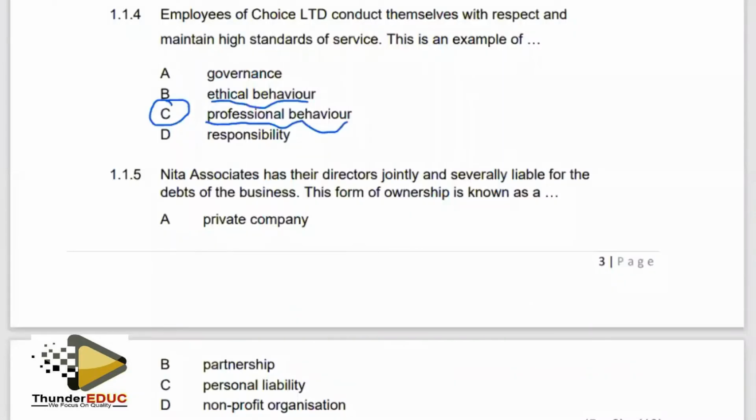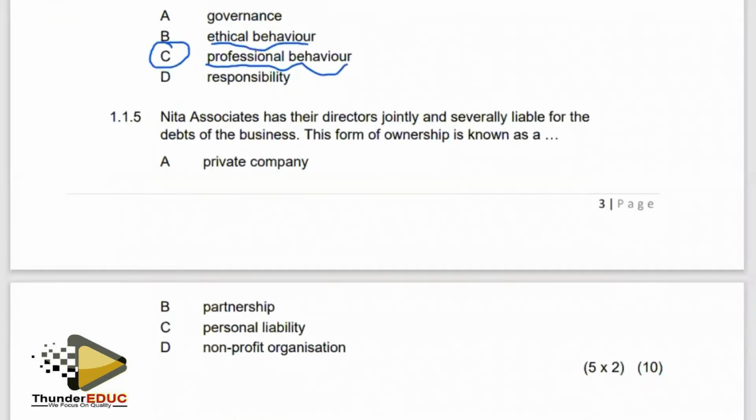Okay, so here we go to our last part of the multiple choice question, which talks about Nita Associates, whose directors are jointly and severally liable for the debts of the business.